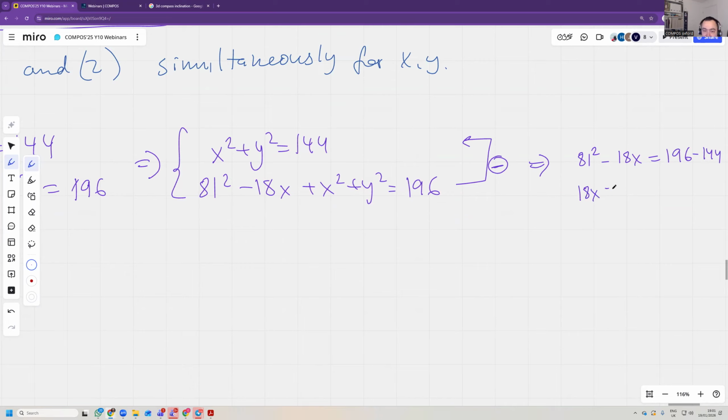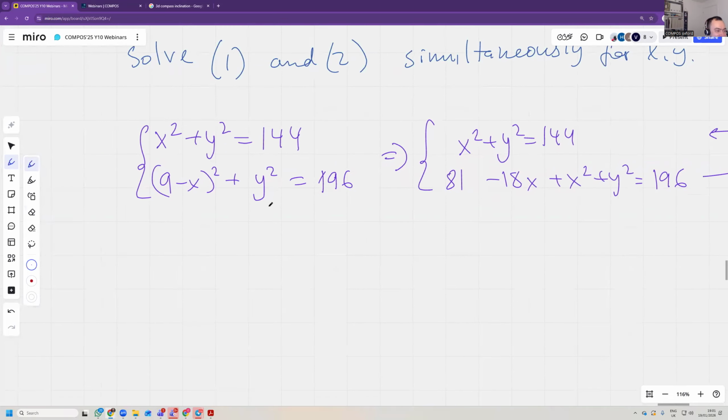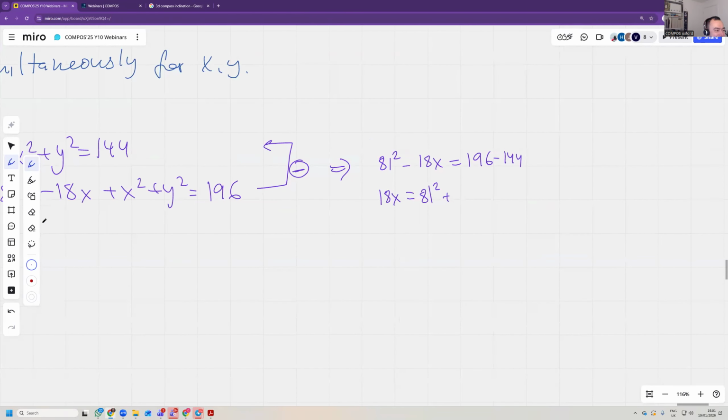So 18x is equal to 81 plus what? Not 81 squared, of course. What am I doing? I just imagined doing 81 squared. Did somebody say? It's not 81 squared. I didn't see what you've written on the chat, but I already knew something's wrong.